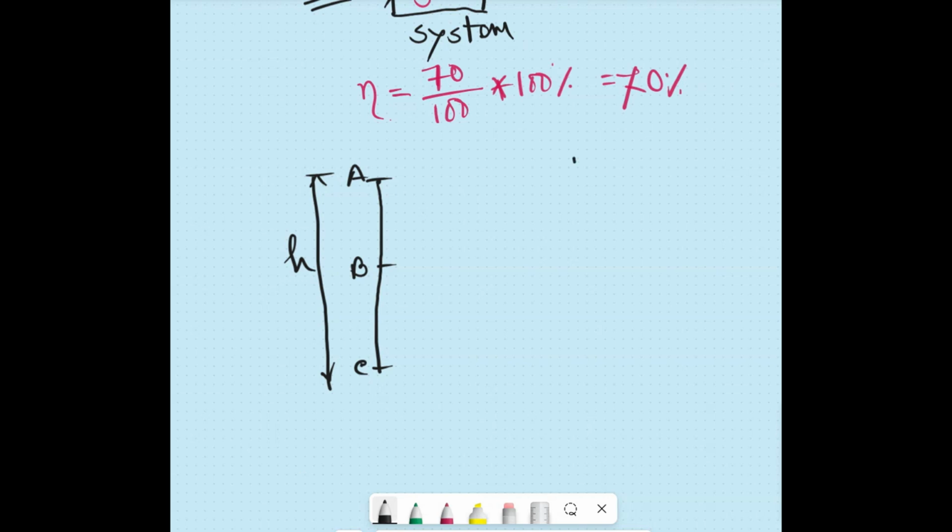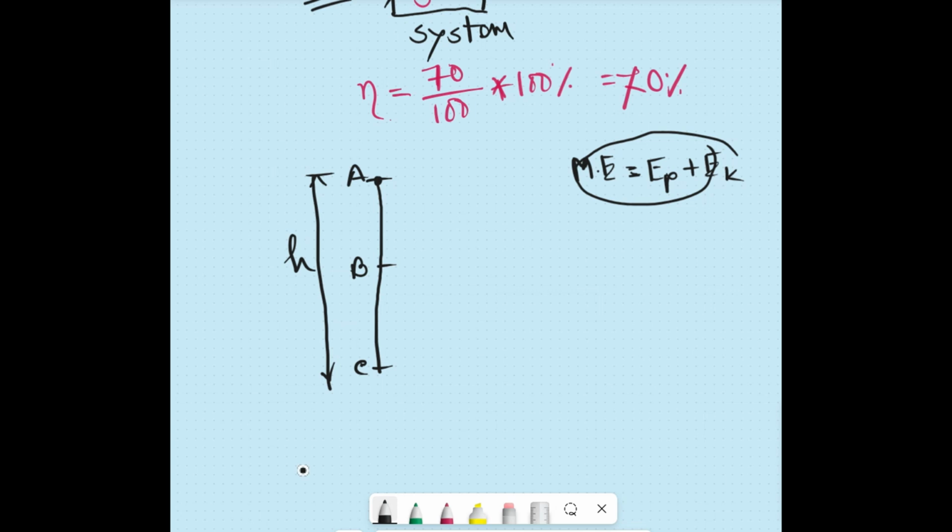This topic is mechanical energy, or the total energy. Mechanical energy, or the total energy, equals, at any point or any place, the potential energy plus the kinetic energy. Let's give an example here.